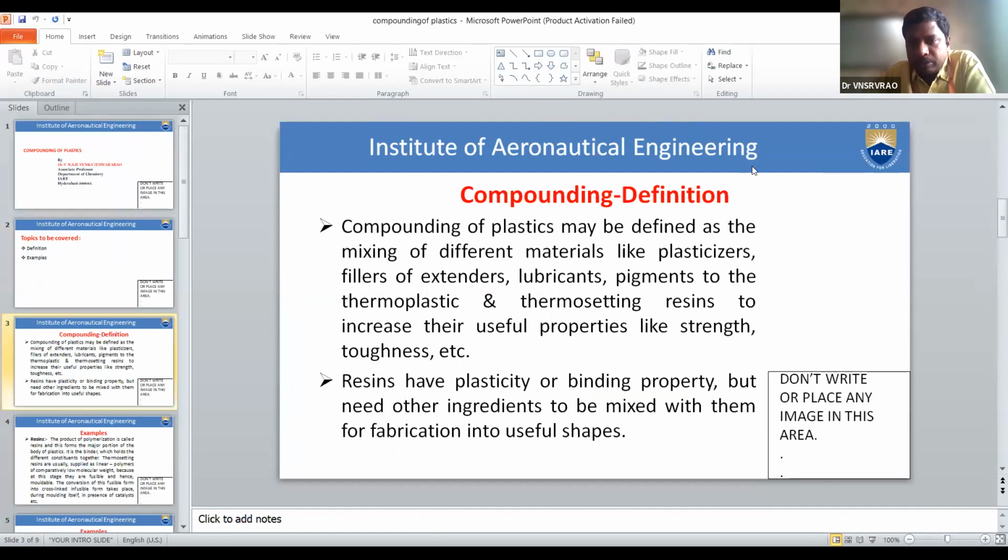Now all of you can see this slide, compounding of plastic. Tell me, what is the definition of compounding of plastics?